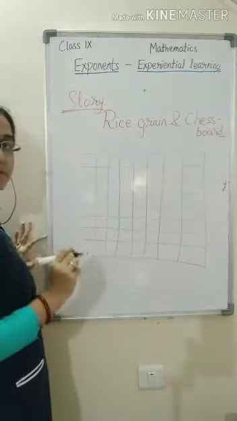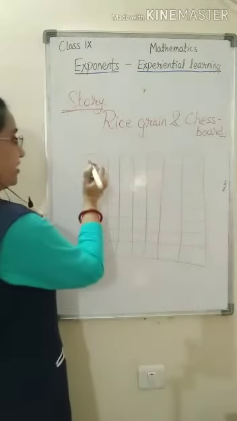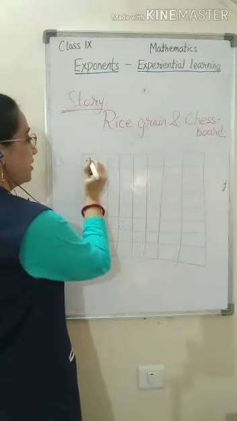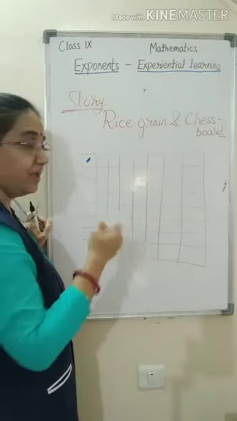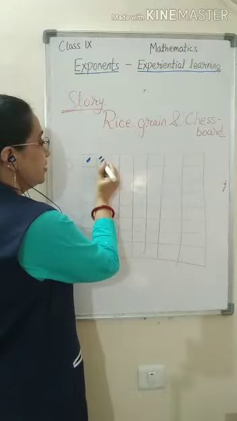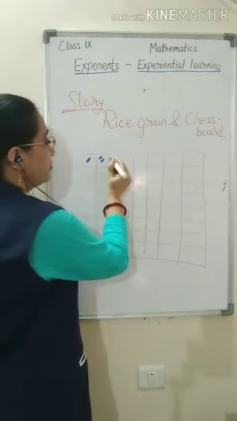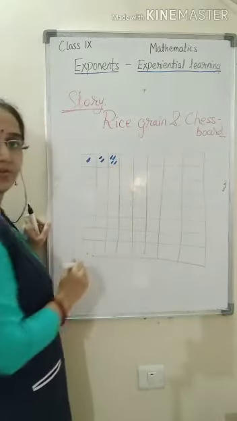So now the sage said that he wants him to give rice in an order such that on the first square he is supposed to place a single grain of rice. Then when he moves to the second one, the rice must double. Same thing will be followed. In the third, it will be 2 and 2 more, so that is going to be 4.